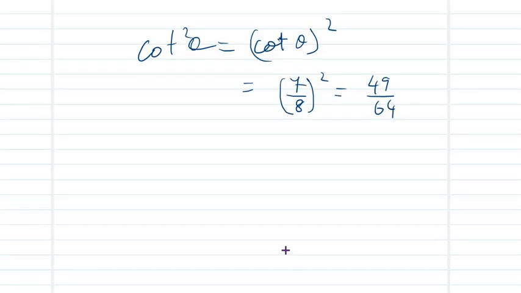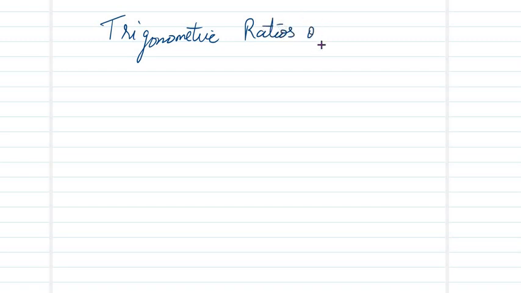Coming up next, we are going to learn about trigonometric ratios of specific angles. Now here in this part, we'll be able to understand that for some values we'll be able to get a very clear expression.